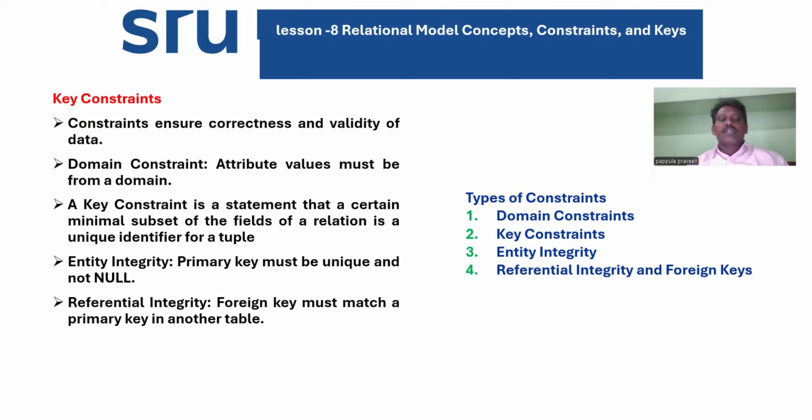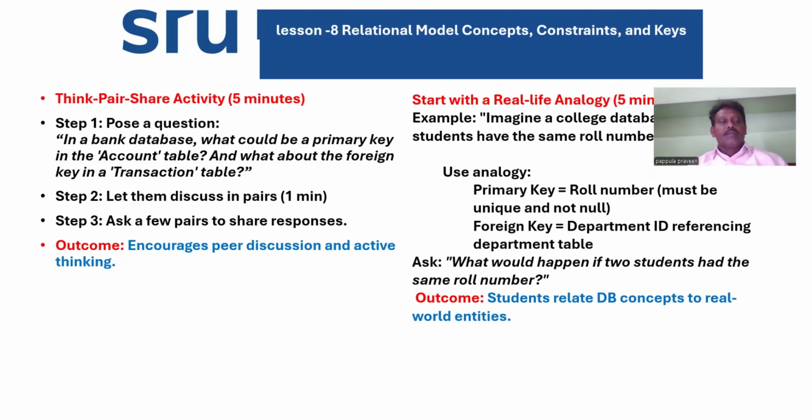And referential integrity constraints: a foreign key must match with the primary key in another table. We take the parent table and child table. In the child table, the entity references the parent table attribute. In the parent table, that attribute is the primary key attribute. In the child table, that attribute is the foreign key attribute.